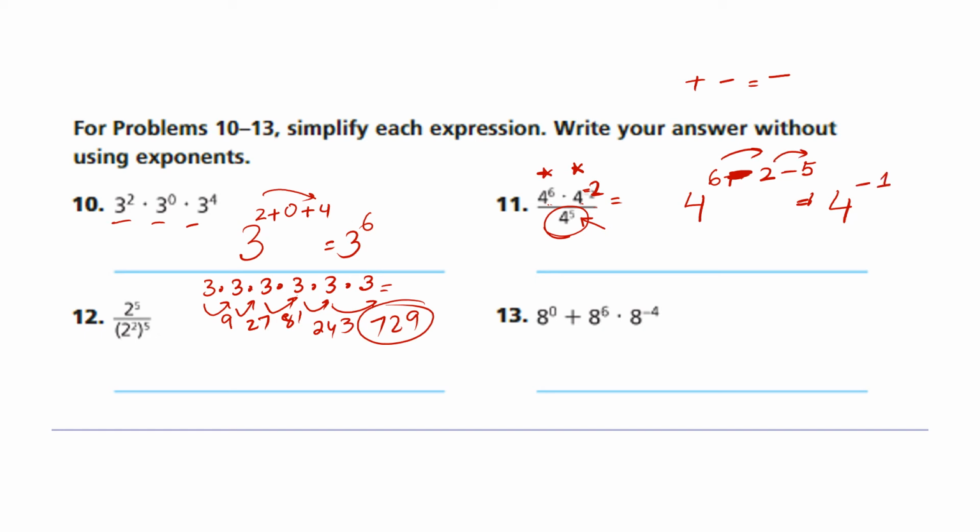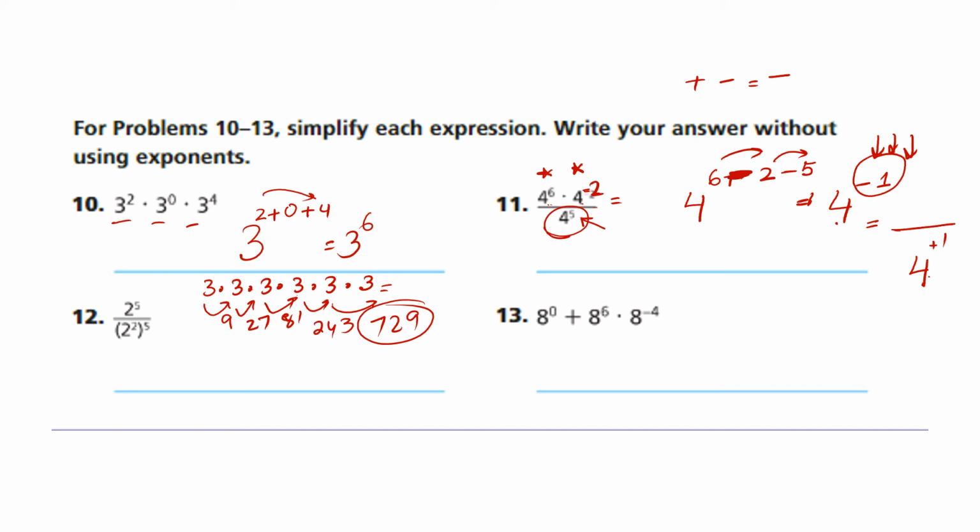Now apply the negative rule. For the negative rule, get rid of this negative one. How? You make a line like a fraction. Change the place of this one, write it down. When it is written down, the sign of this power will be changed. So negative 1 changes into positive 1.